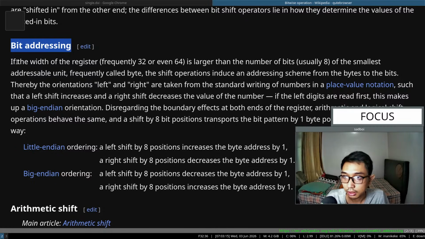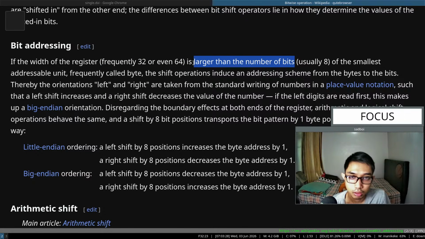Bit addressing: if the width of the register, frequently 32 or even 64, is larger than the number of bits, usually 8, of the smallest addressable unit, frequently called byte, the shift operation induces an addressing scheme from the byte to the bits.